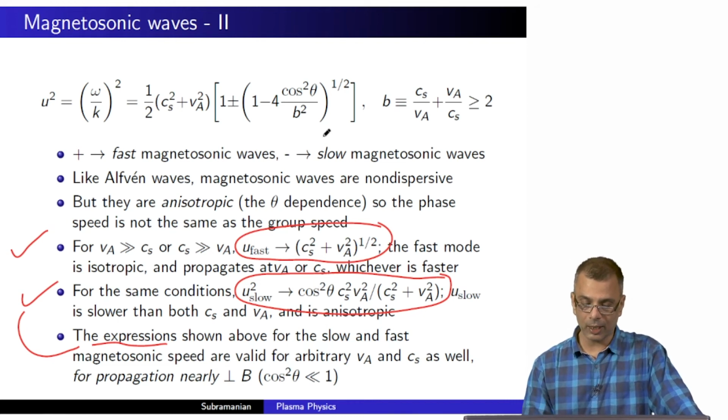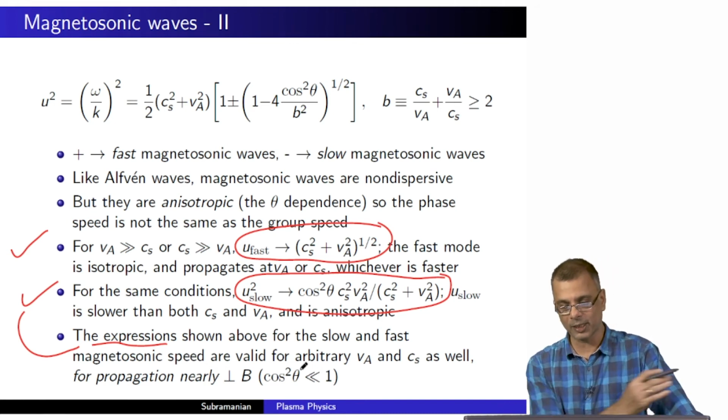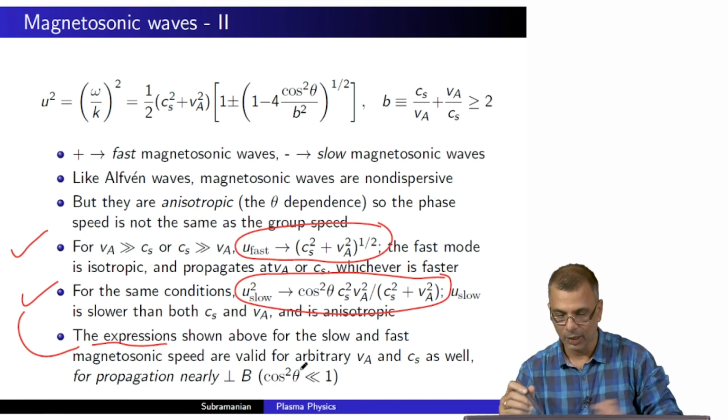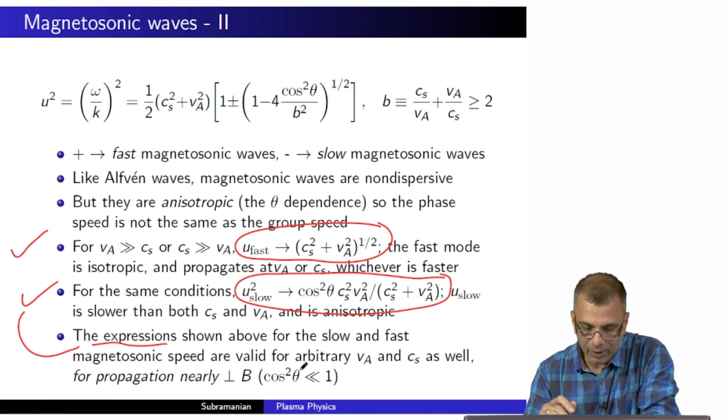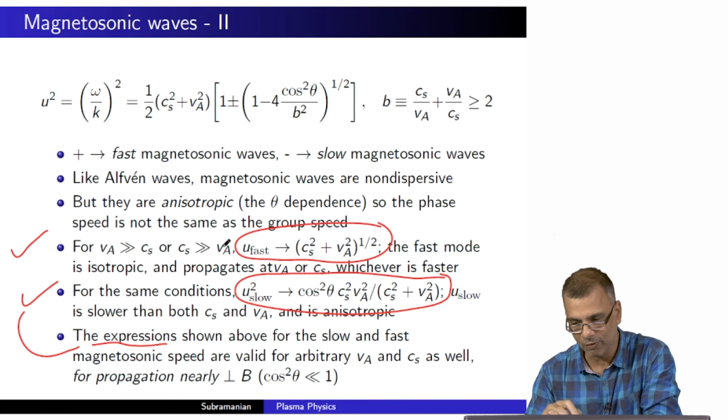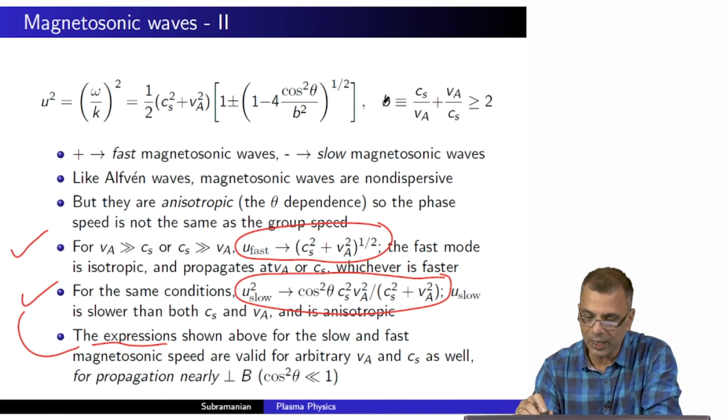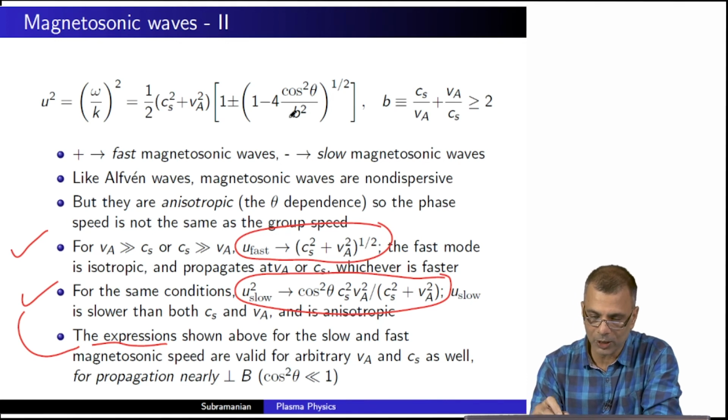Okay, and so in other words, why is that true? You see, what was the main thing? The main thing was that when VA is much larger than CS, or CS is much larger than VA, B is much greater than 1.